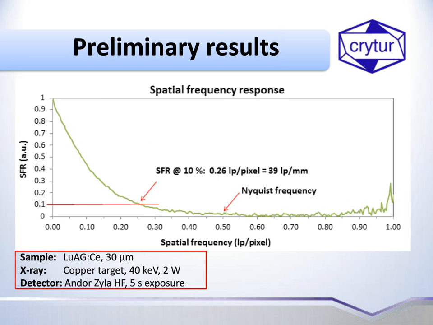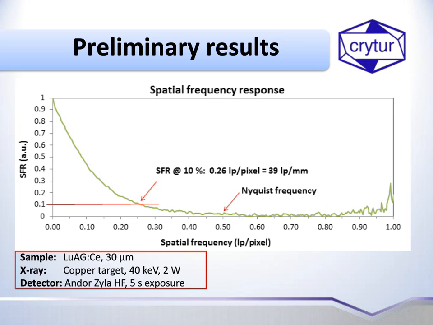So 1 means 100% contrast, and we actually use the 10% value, which gives a resolution of about 39 line pairs per millimeter, where the actual cutoff frequency would be, if the system were without defects and the optics could transfer everything, the Nyquist frequency.